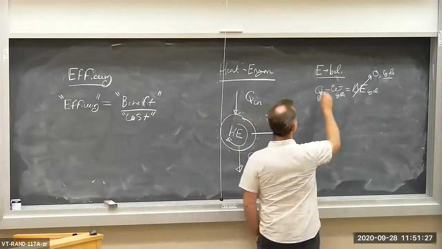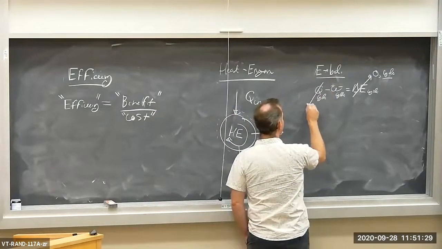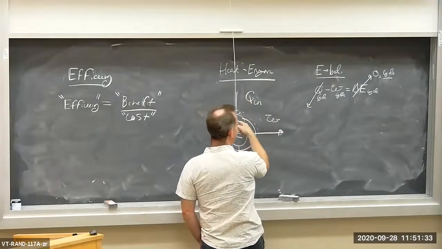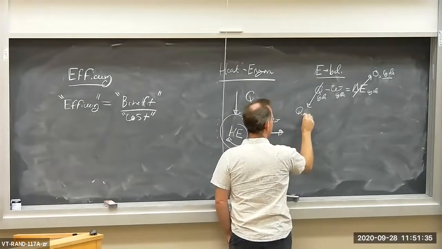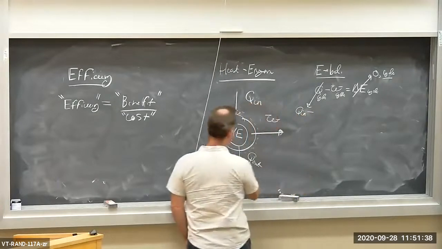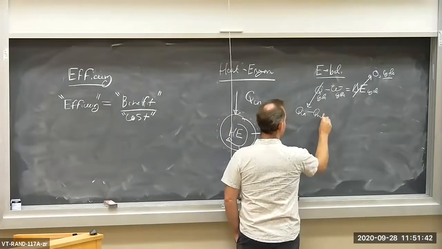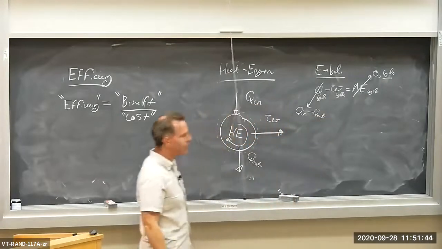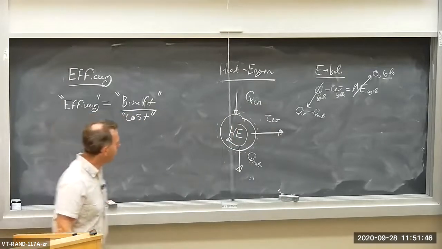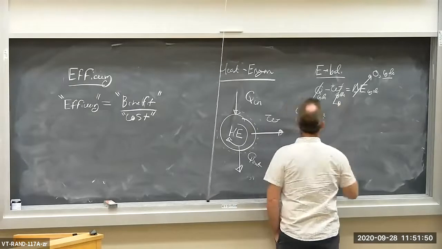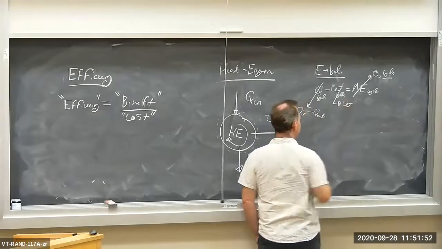Now, what's the heat addition over the cycle? Well, this device receives a certain amount of heat in, Q in, and rejects a certain amount of heat out, Q out. So that's the heat over the cycle, Q in minus Q out. And the work over the cycle is simply W. Okay?